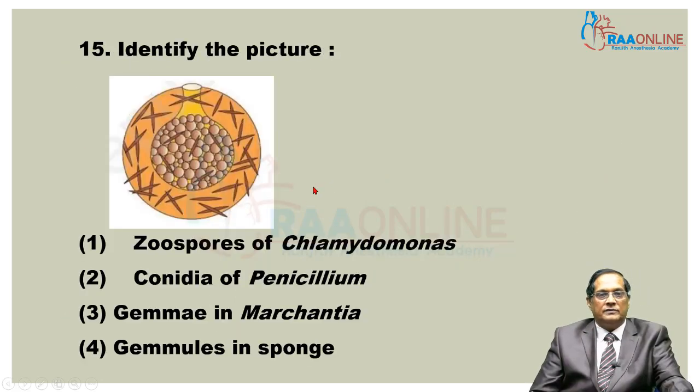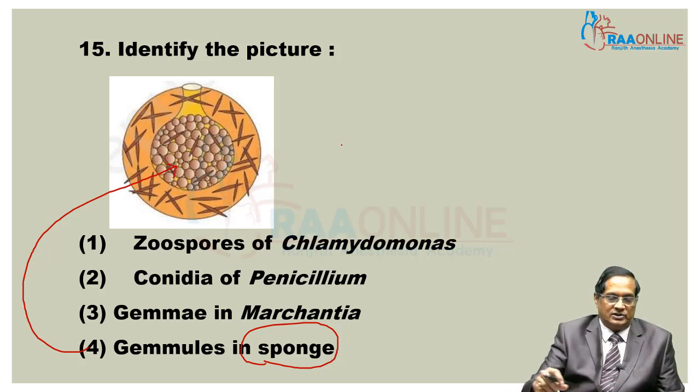This is a method of asexual reproduction seen in the sponge. A sponge produces buds inside a structure.